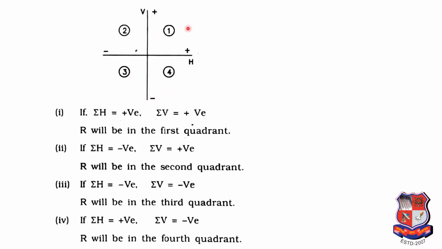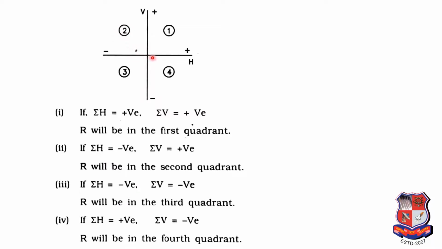If you can't understand from that figure, then just focus: if all the horizontal forces are positive and all the vertical forces are positive, then your resultant R will be in the first quadrant. If the summation of all horizontal forces is negative and the summation of all vertical forces is positive, then R will be in the second quadrant.